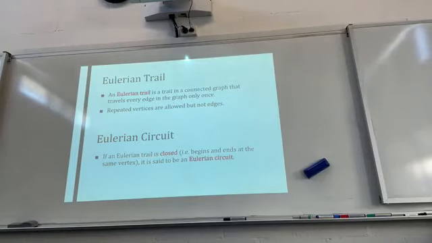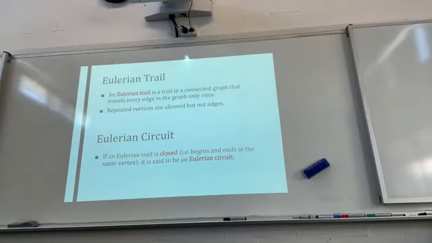Now, think about open and closed. Open, you start from one vertex and you finish on a different vertex. A closed trail, if an Eulerian trail is closed, which begins and ends at the same vertex, is said to be an Eulerian circuit.